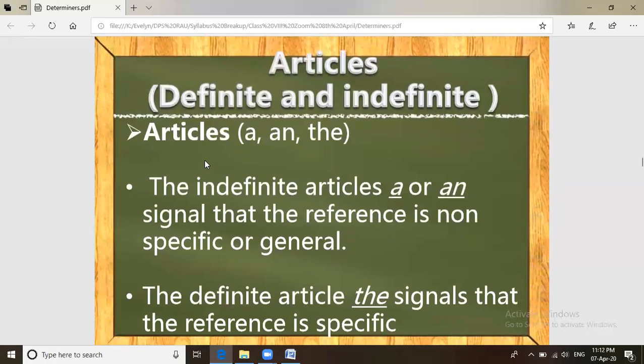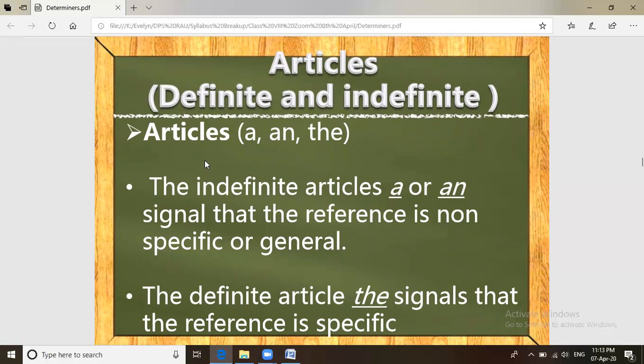Now we come to the first kind of determiners. The first are the articles, the definite and the indefinite article. The articles a and an are indefinite articles, which tell us that whatever noun you are referring to is not specific, or it's general.